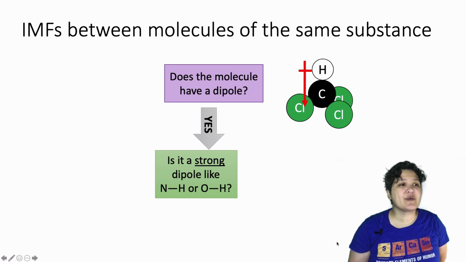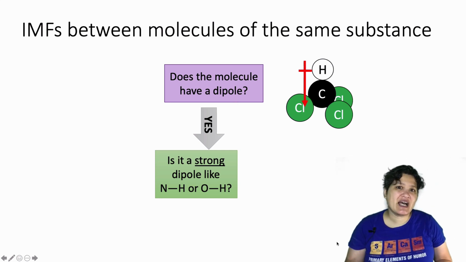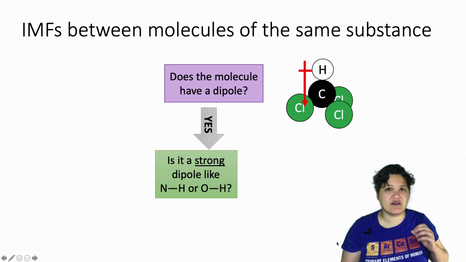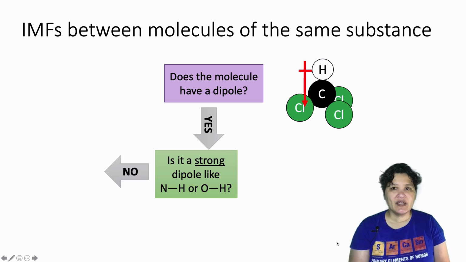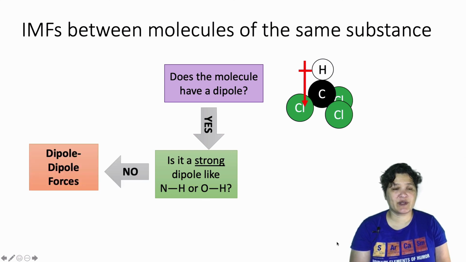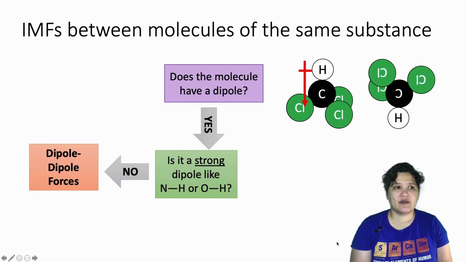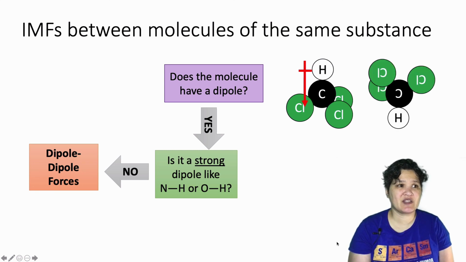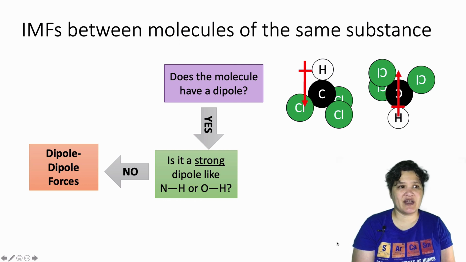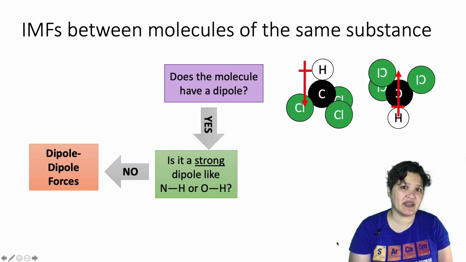It is a carbon-chlorine bond. Remember, I said that the hydrogen-chlorine bond was something that people said maybe, maybe not. But carbon-chlorine is not going to be strong enough to give us a hydrogen bond. It does not have that. And so what we're going to get is dipole-dipole forces. And essentially what we're going to see is molecules arranging themselves this way. And so you can see the positive ends are going to match up with the negative ends and vice versa.